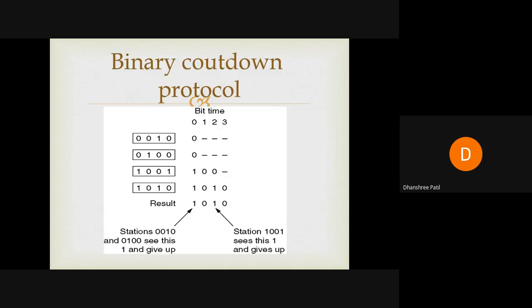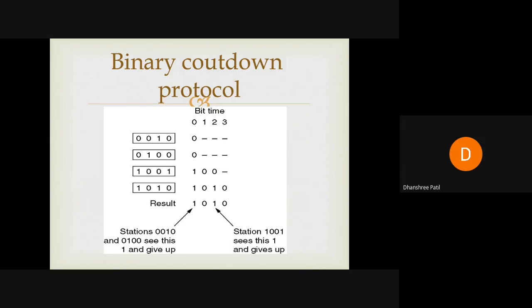So next comes the binary countdown protocol, whose working depends upon the address of the station. Let's see how it works.